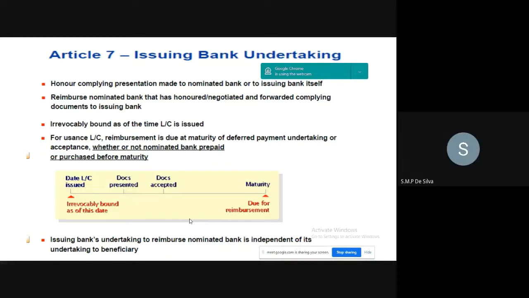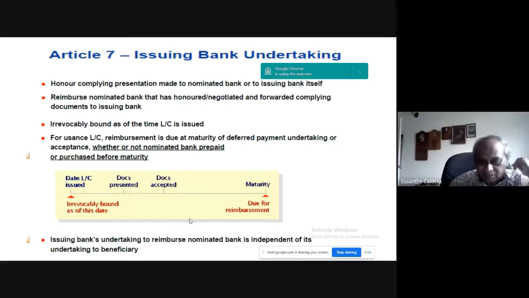So it says whenever an issuing bank issues an LC, it undertakes to do the payment to the beneficiary. No, you have made a big mistake there. When the issuing bank issues an LC, they give an irrevocable undertaking to reimburse the nominated bank, right?